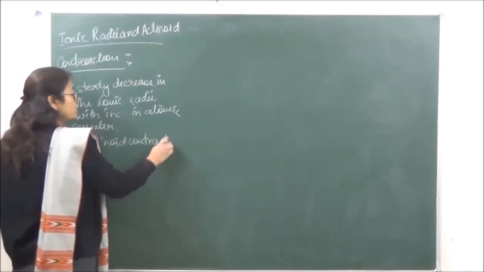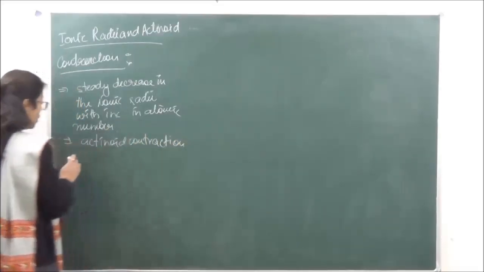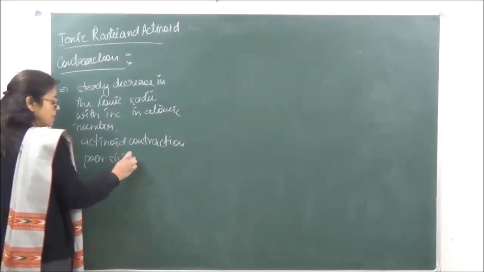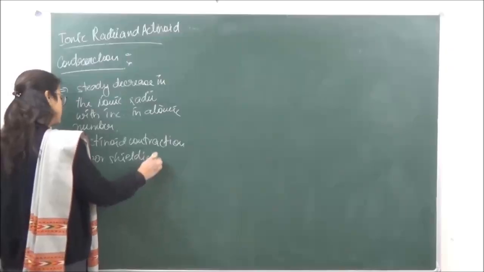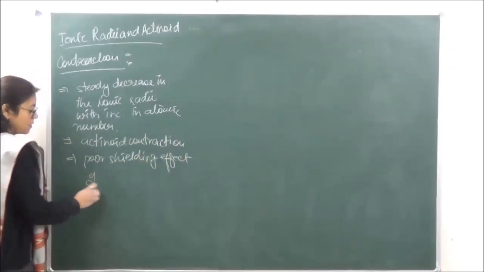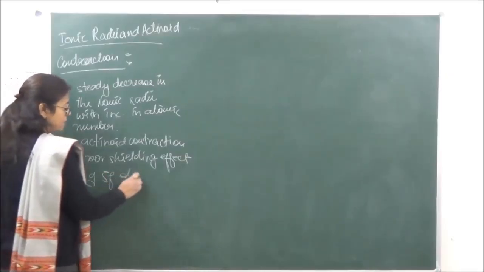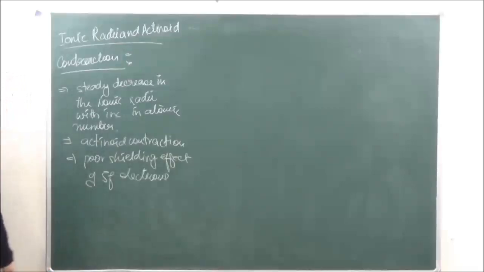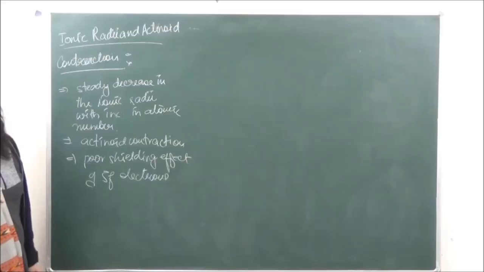This actinoid contraction is because of the poor shielding effect of 5f electrons, right?